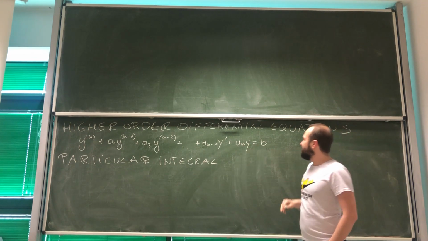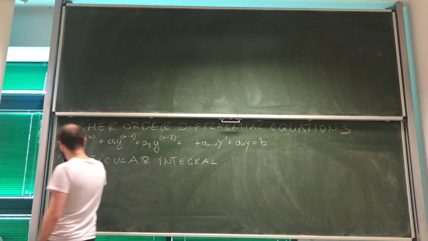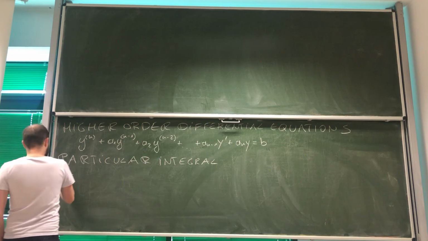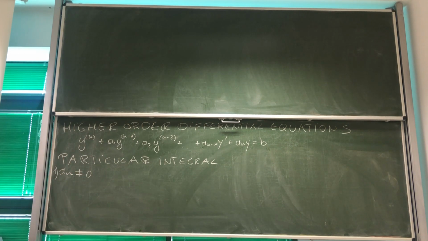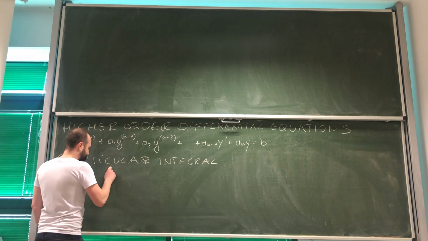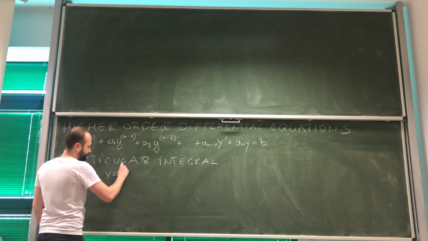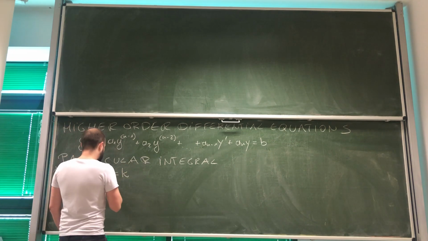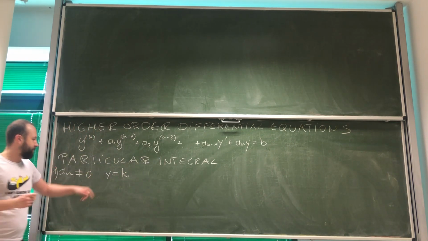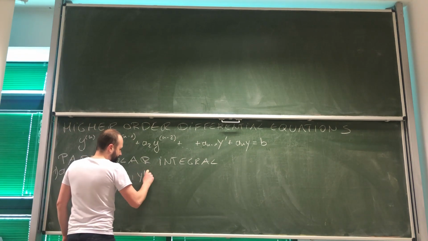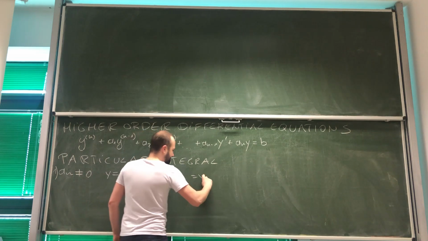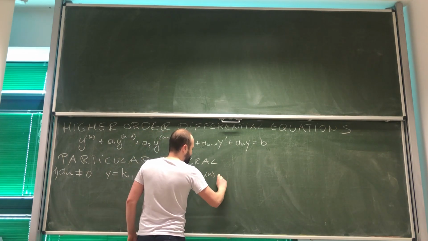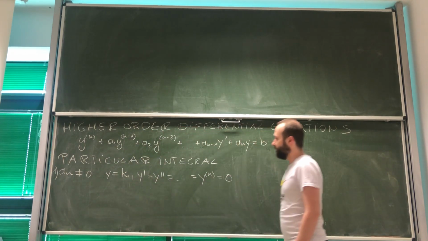So let's assume that a_n is different than 0. What would we choose for our solution? Well, the best choice at the beginning is a constant, right? If y is a constant, then of course each consecutive derivative is equal to 0.